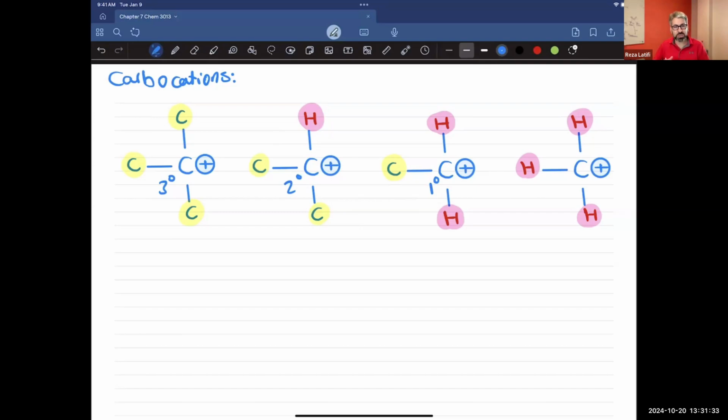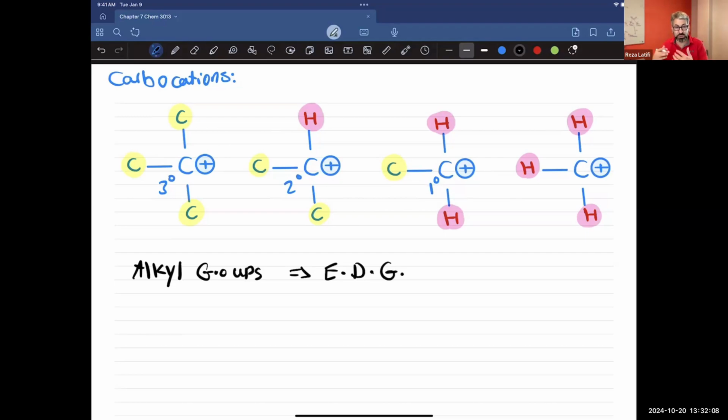Now, when it comes to stability, we say the more atoms are involved to accommodate that positive or negative charge, the ratio of the charge over volume goes down, so the system will be more stable. And remember this: alkyl groups are electron donating groups.